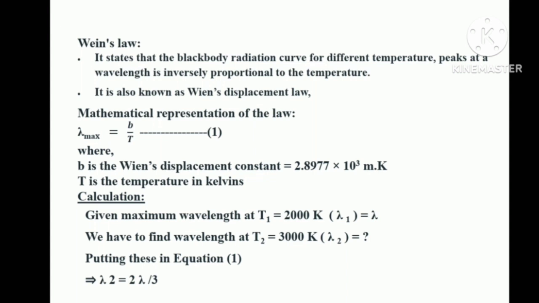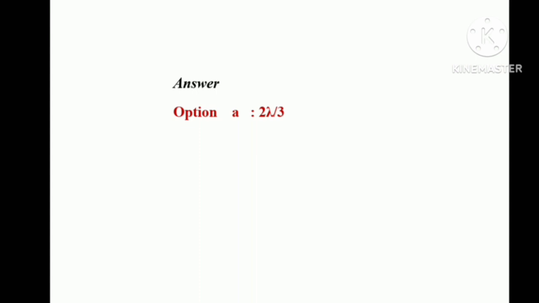We have to find the wavelength at 3000 Kelvin. When we put these values in expression 1, we obtain lambda 2 is equal to 2 lambda upon 3. Hence, the correct answer is option A, 2 lambda upon 3.